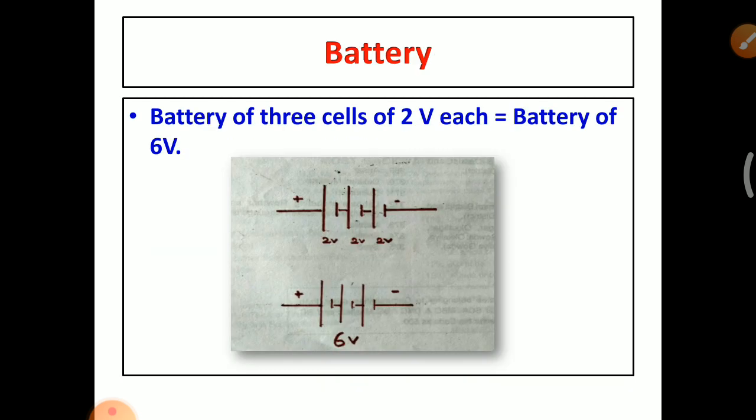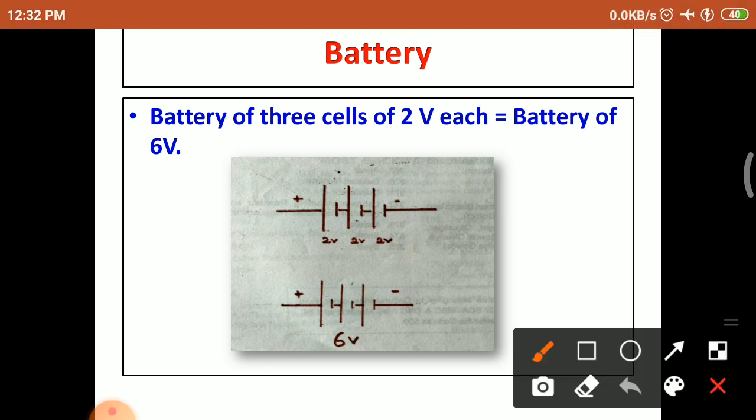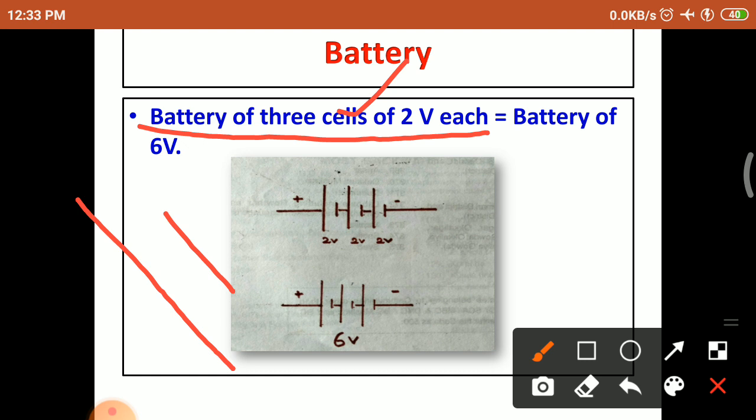The first one, battery. A battery of 3 cells of 2 volt each. So how to draw a circuit symbol for a battery of 3 cells of 2 volt each? Before going to draw a circuit diagram, you have to know what is meant by a cell. A cell has one long terminal and one short terminal.